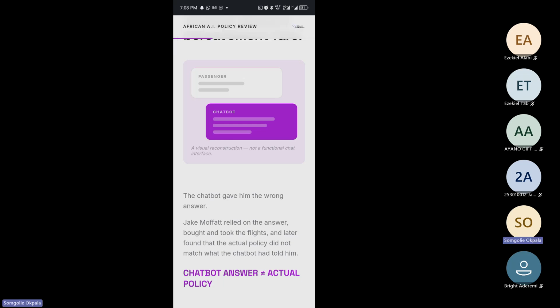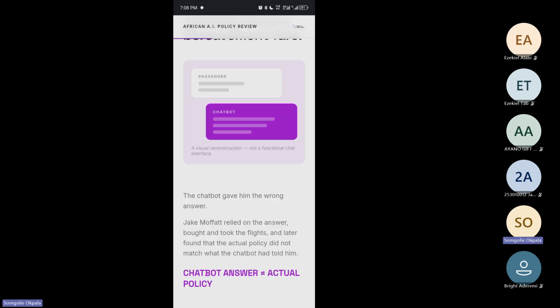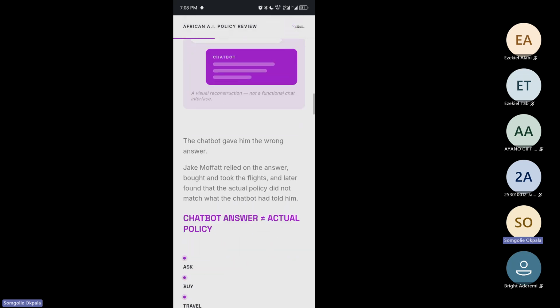So when he got to the airport and asked, I've bought the ticket, can I get my discount? The attendant said no, you can't. You're meant to do it before you buy the ticket. Now it's too late. That was a very serious problem because he had already lost the discount. So he had to sue Air Canada.